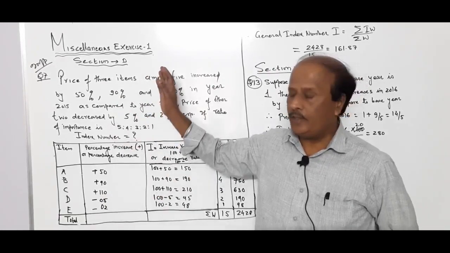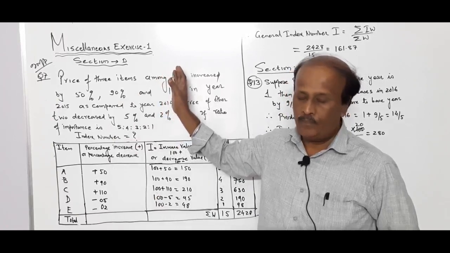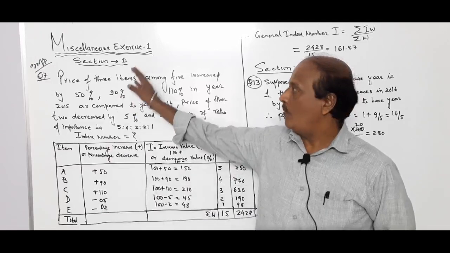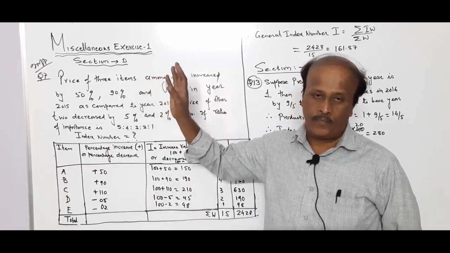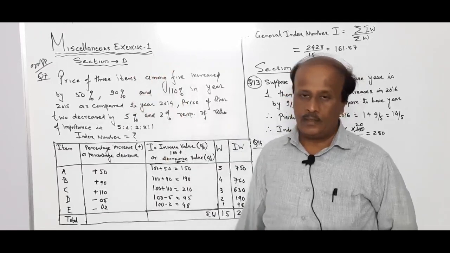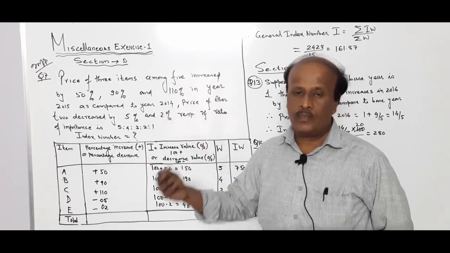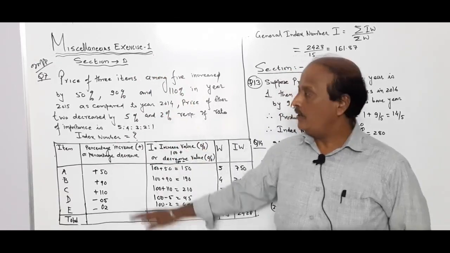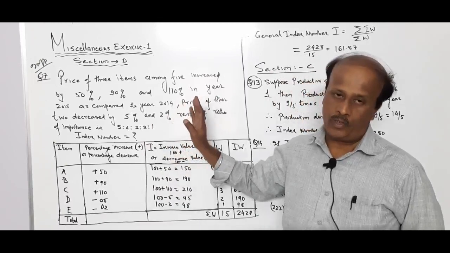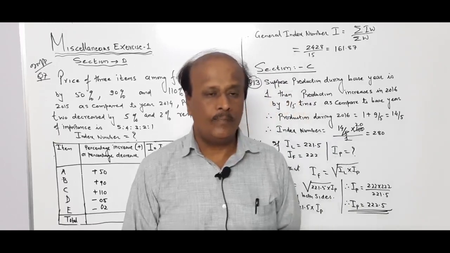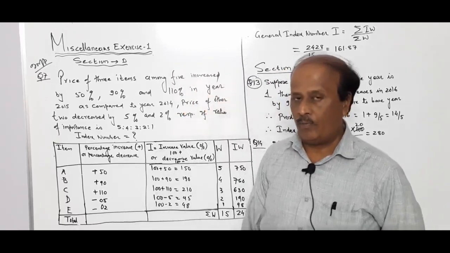Theoretically, already we did this chapter. Now today I'll be selecting some important questions from miscellaneous exercise 1. 2-3 questions I already did in this session, and 2-3 more questions I'm going to do. Practice all the examples. I did nearly all the varieties of questions. Then also if you have any doubt, you can tell me, then we'll sort out those problems.